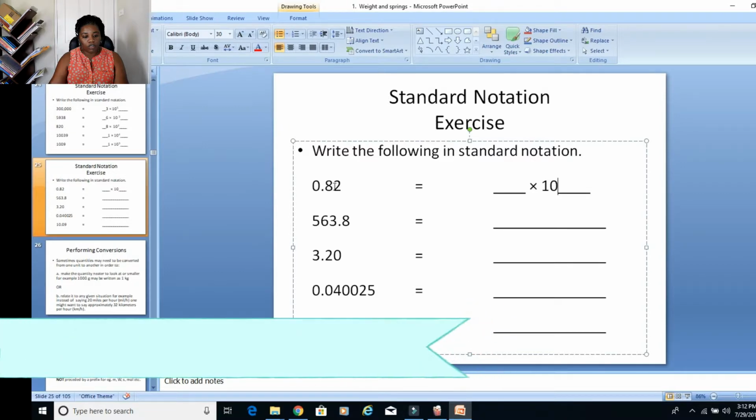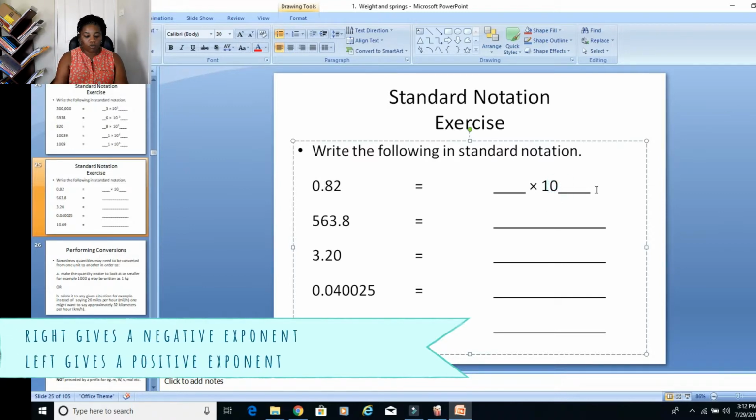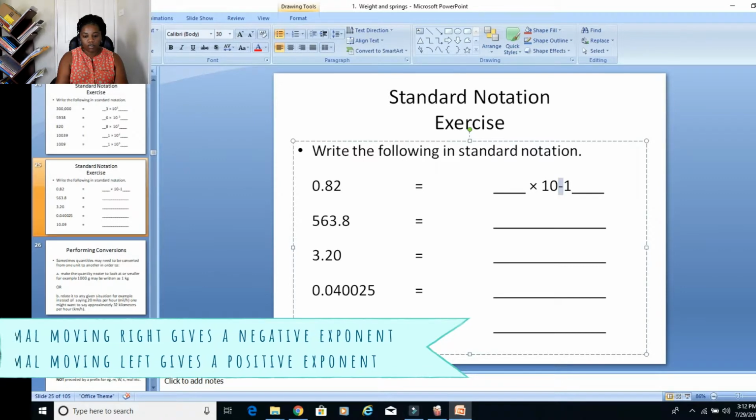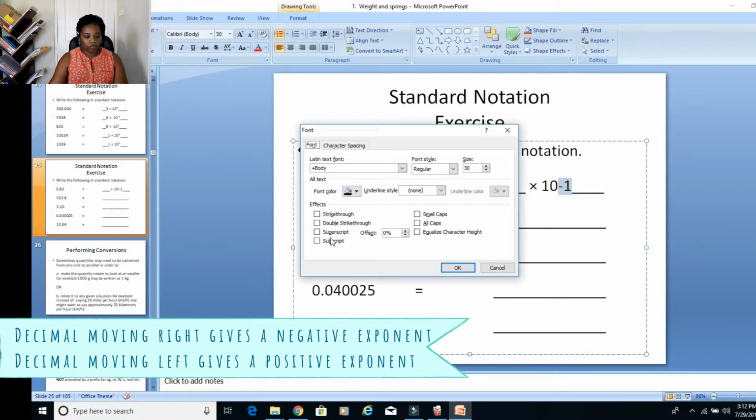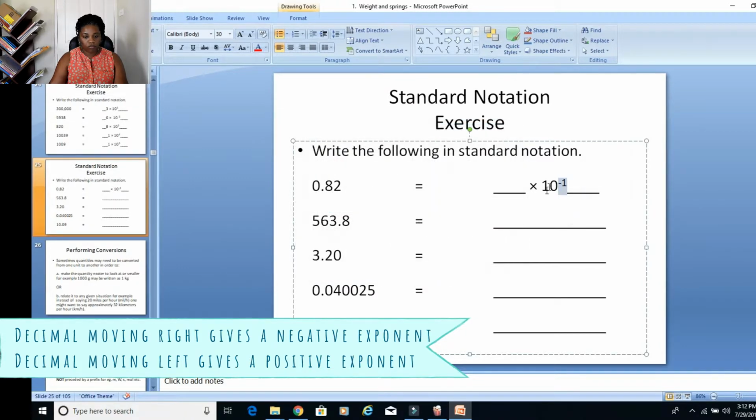So if your decimal place had to move here to get a whole number, which is 8, and it moves once, then it will be negative 1. So you want to put here, it moves once, it will be negative 1, and the whole number will be 8.